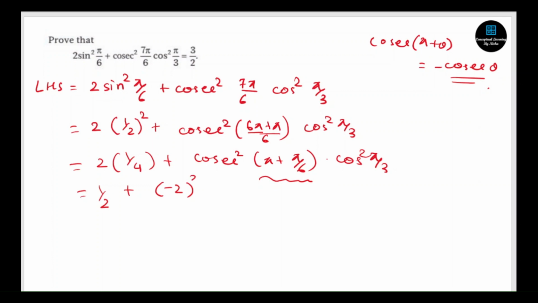This is minus 2 square times cos 60 degrees, 1 upon 2 square. So we'll get 1/2 plus 1, correct? And this is nothing but 3 upon 2. So this is RHS, correct? So very important. Do it carefully so that you can avoid all the mistakes. Practice this type of questions so that you can solve them very quickly and easily.